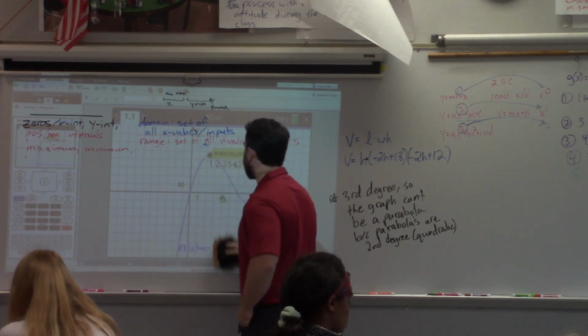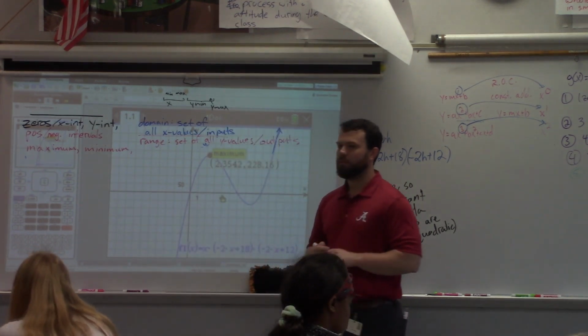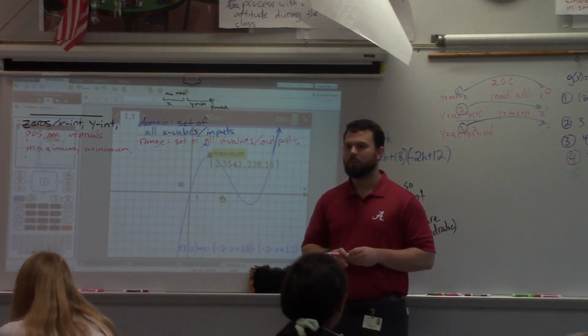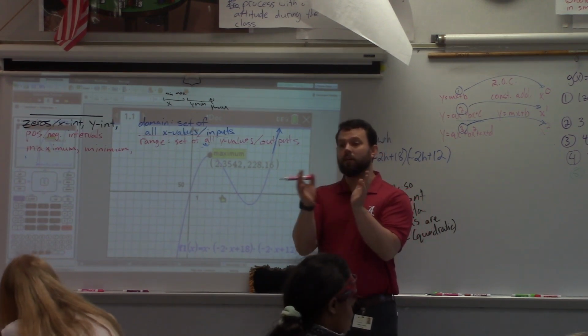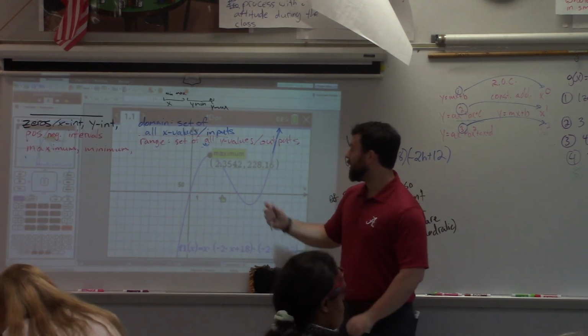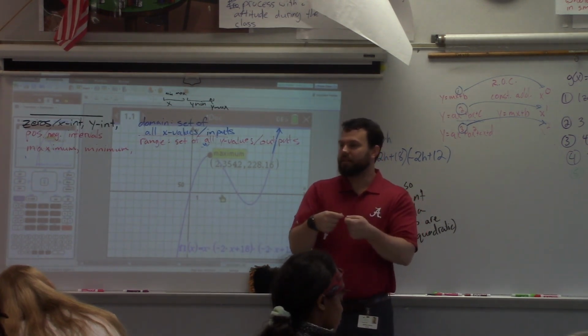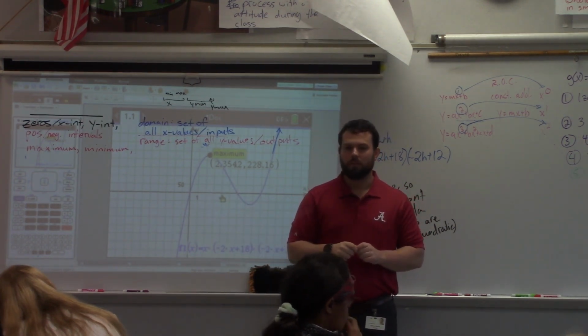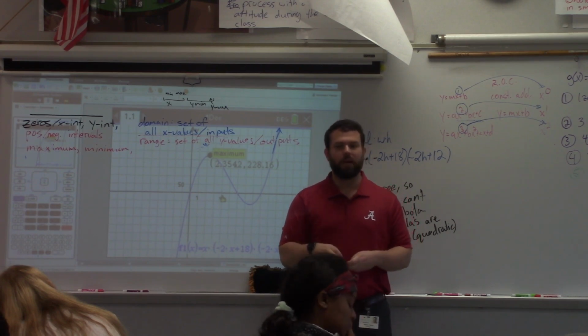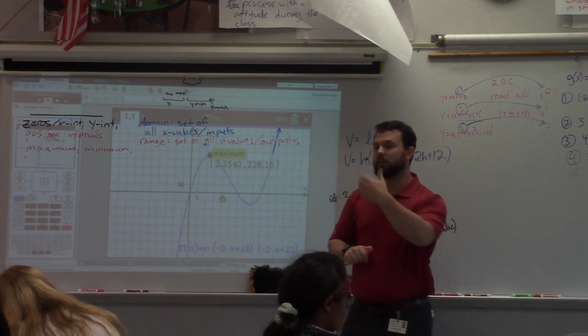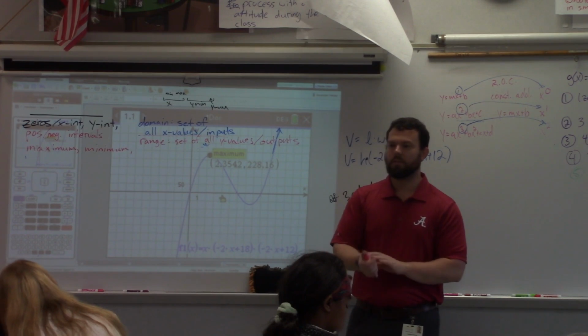What were the set of inputs again? So that's the interval that we put into the calculator. But what I'm saying is, in the context of the box, what was x? What were my input values? You can go back and look at the getting started to see.